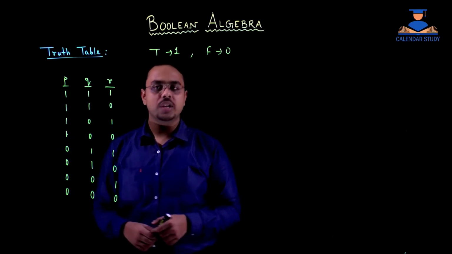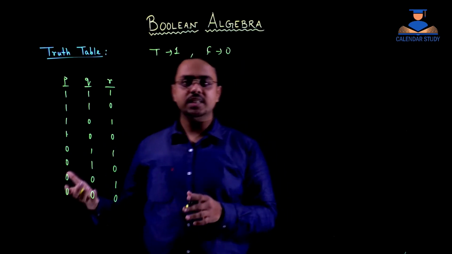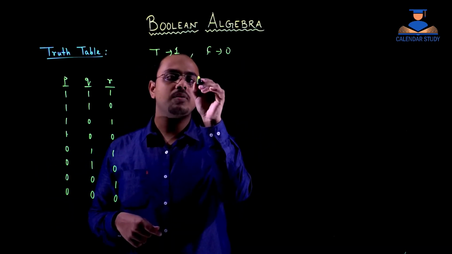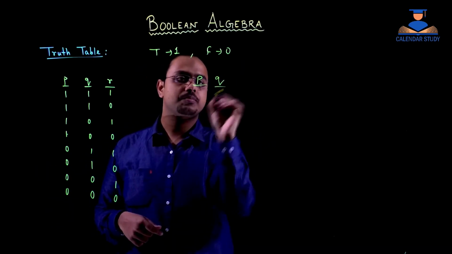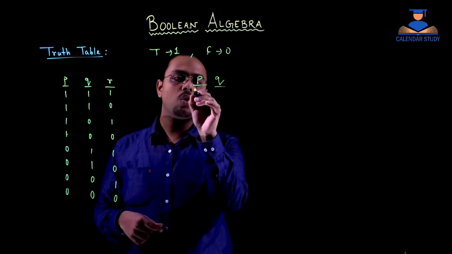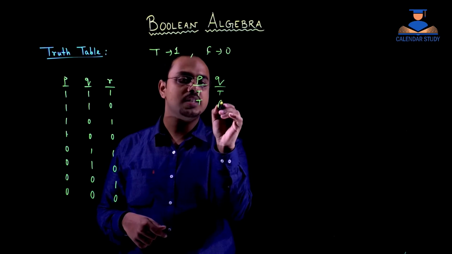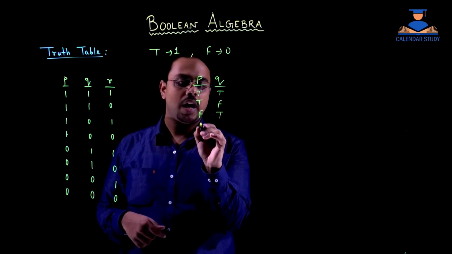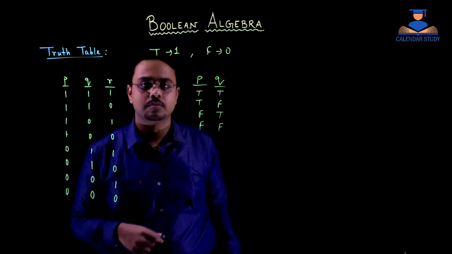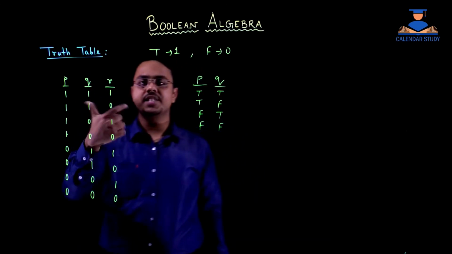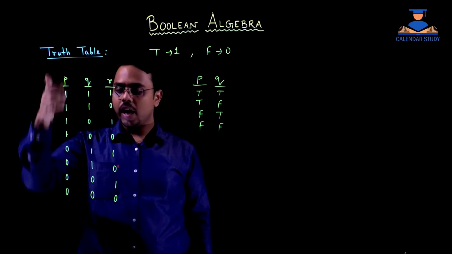One thing you must notice here is that in the previous example we saw that we have two statements and we had 4 rows there. That is true true, true false, false true and false false. Here we have 3 statements and we have 8 rows.